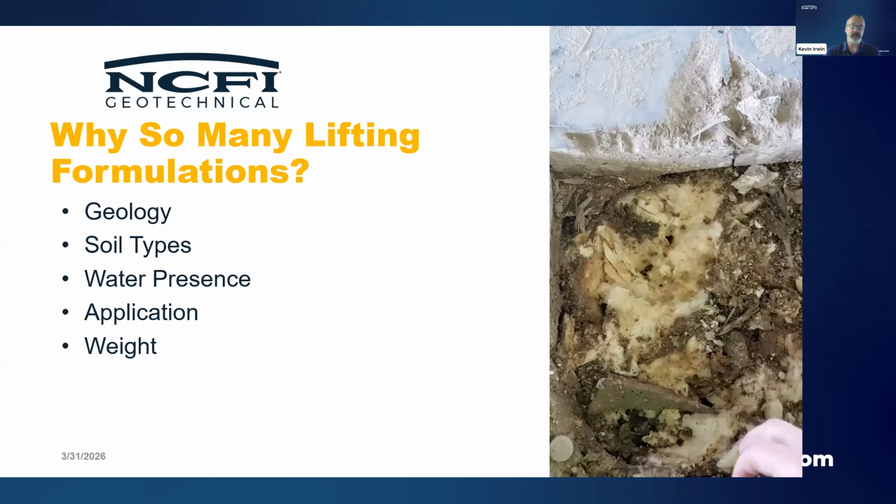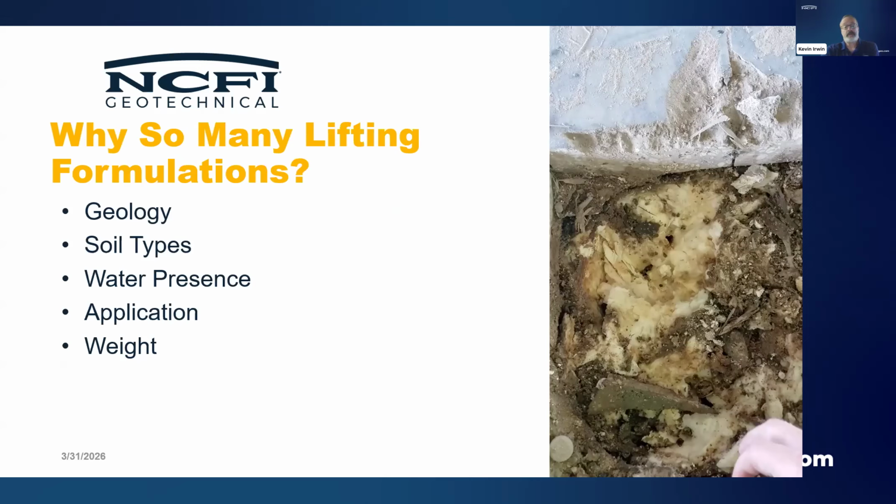So we've got numerous lifting applications. So why would there be so many? Well, we're gonna pick a polyurethane based on the type of soil that we're dealing with, the type of geology. We're going to look at, are we in the presence of water? Are we shooting directly into water, or is there lots of water under the slab or under the structure that we're lifting? What's the application?